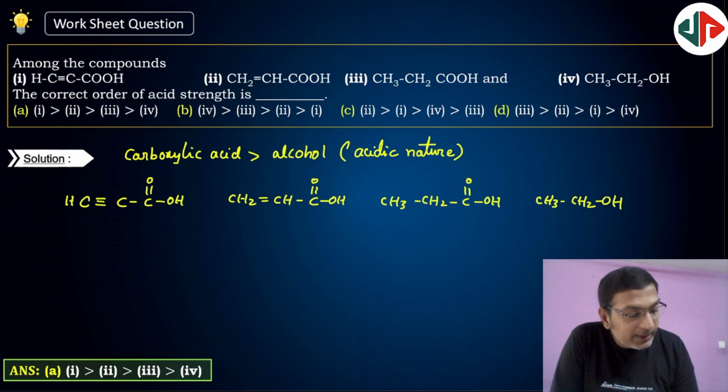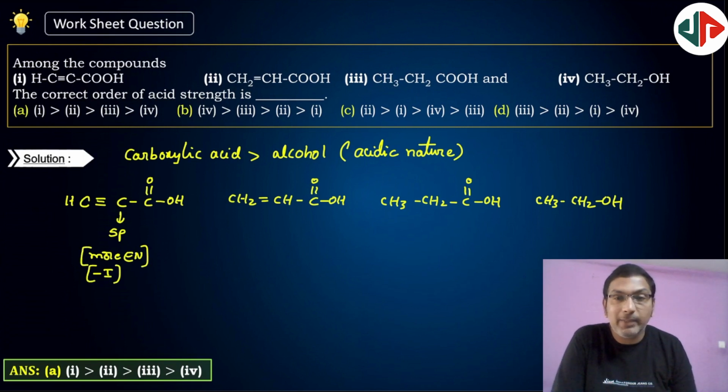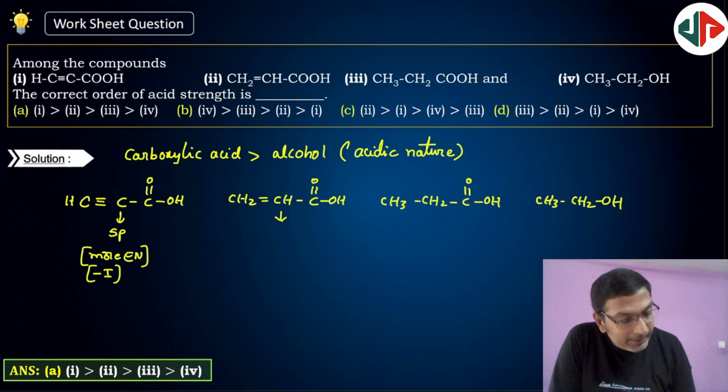Here the COOH group is attached to an sp carbon, which is more electronegative. That means the minus I effect will be more. If the COOH group is attached to minus I groups, it will be more acidic. Next, this carbon will be sp2, which is also electronegative. This carbon is sp3.